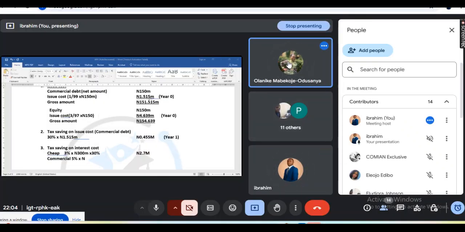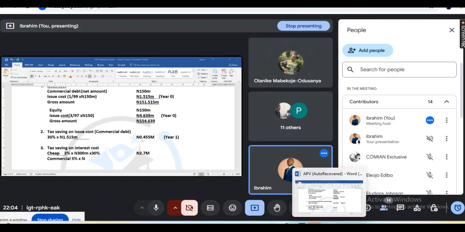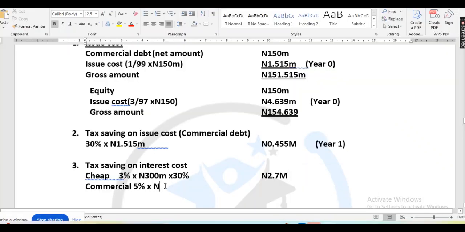Olanike, well done. So the commercial debt will be on 151.515. You can ask your question if you have one here.